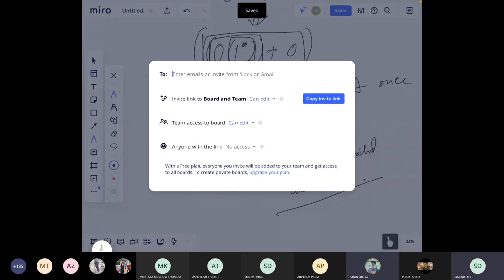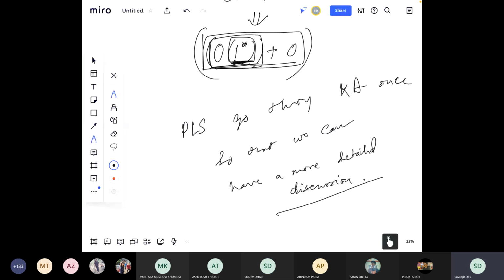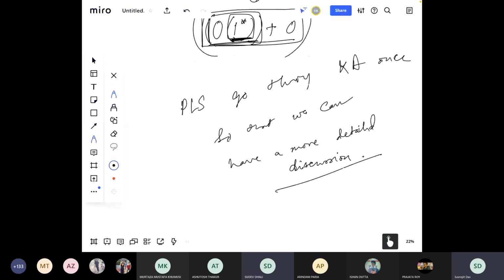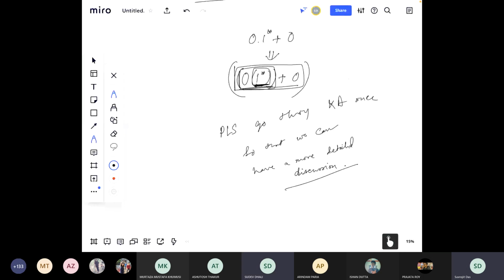Sir, I guess that will just share the invite link to enter emails from Gmail, which will just enable us to edit that whiteboard, sir. That won't share every content. Sir, just switch off the candidate part, so you don't give us access to edit, sir. So in that case it would be fine. Just change the candidate permission. So what exactly do you want? Do you want to write on the board along with me? No, sir, we just want to see the board.